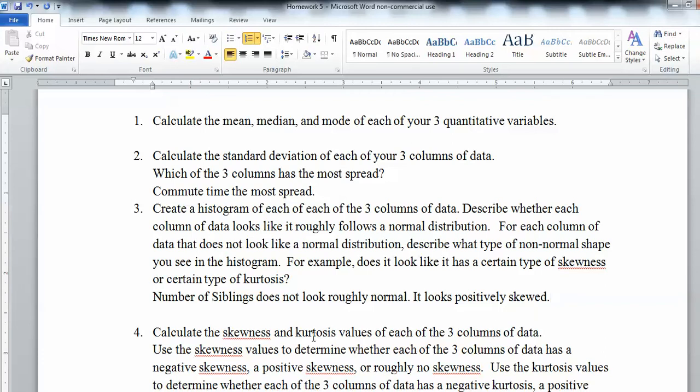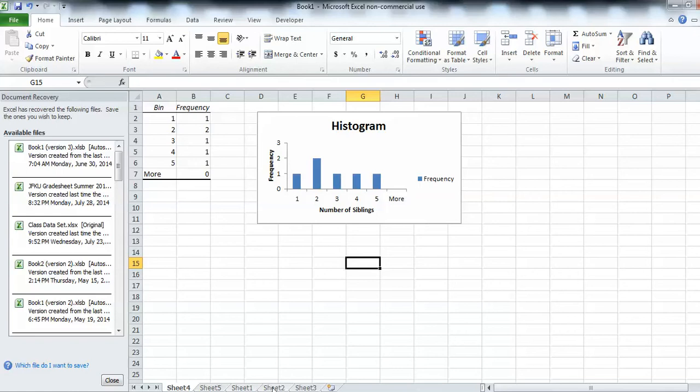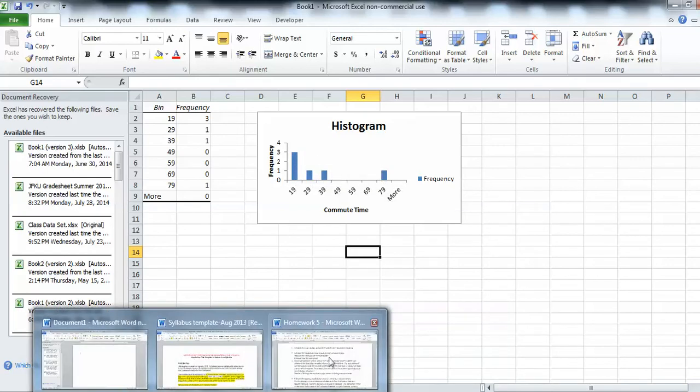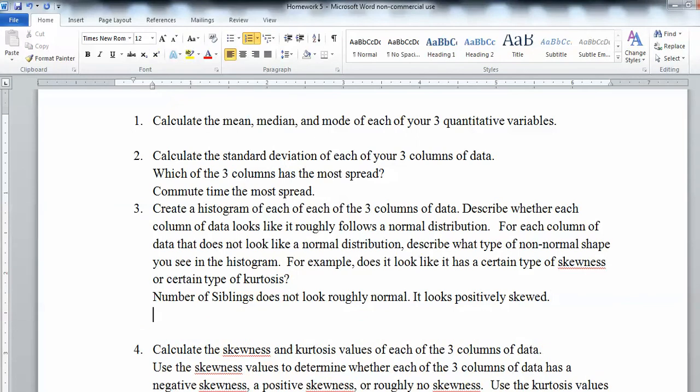Now I'll look at my other histogram. What was the other one? Commute time. Commute time also looks positively skewed. Commute time does not look roughly normal. It looks positively skewed.